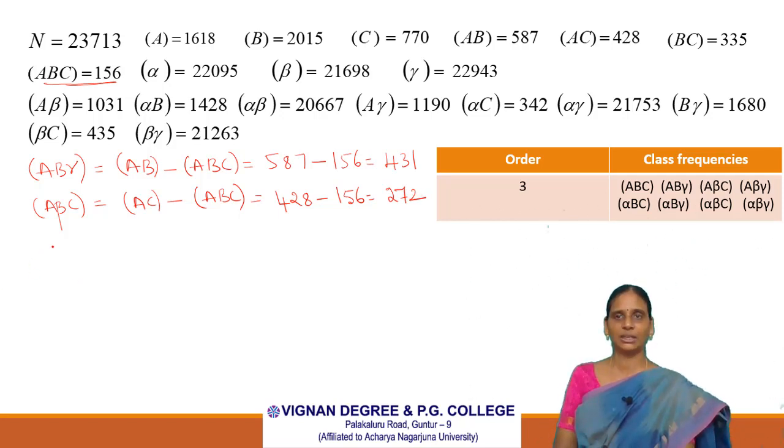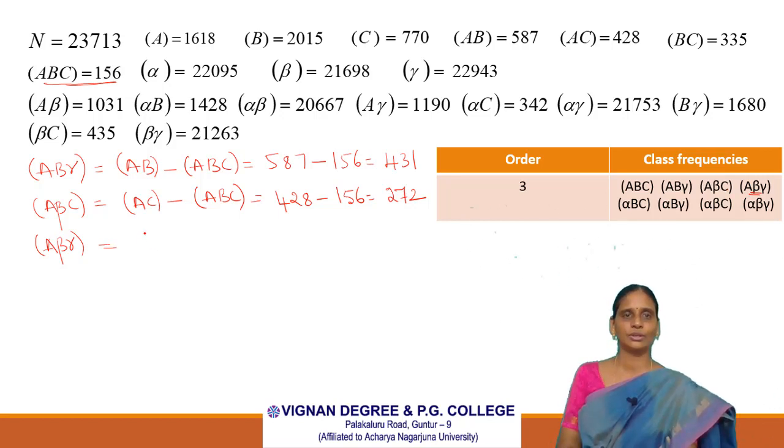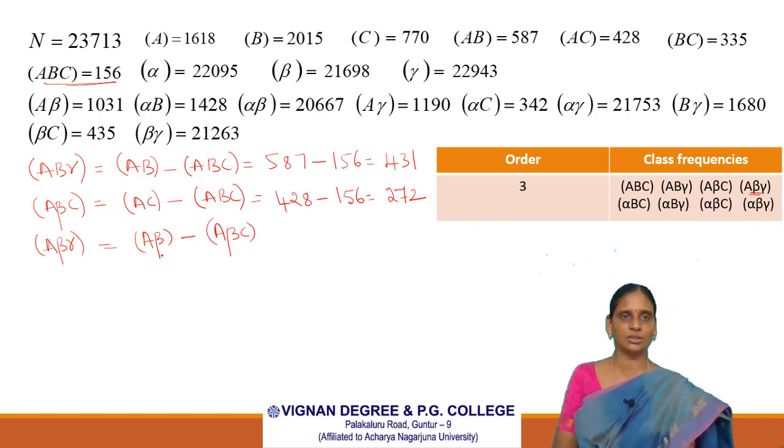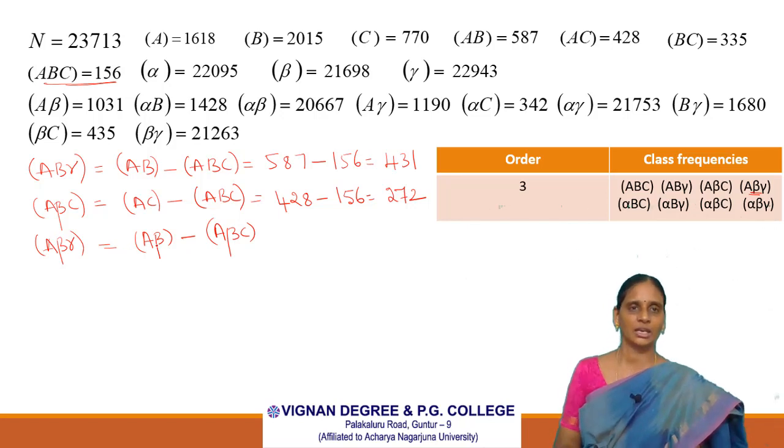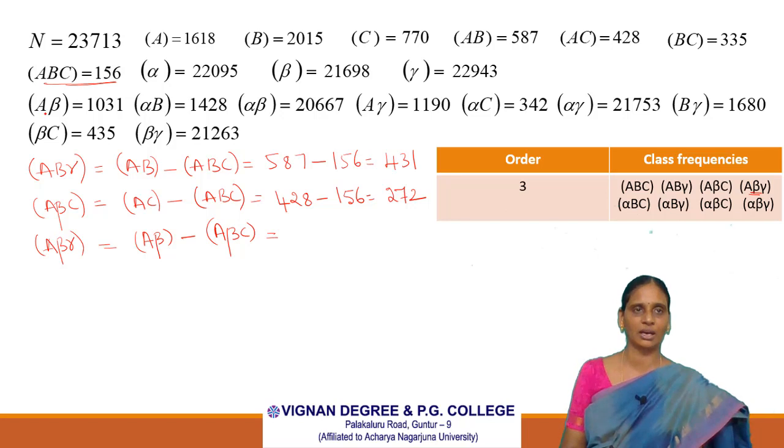And next one, frequency of Aβγ. Frequency of Aβγ is equal to frequency of Aβ minus frequency of AβC.